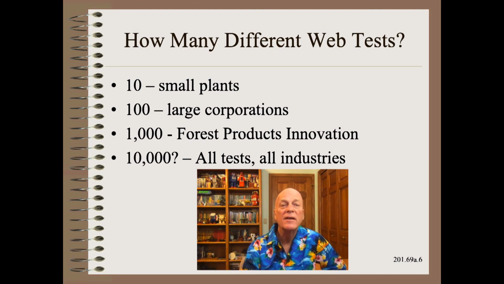Some testing facilities, most notably Forest Products Innovation outside of Montreal, can do more than 1,000 different tests. Yet, if we look worldwide across the wide and diverse set of web products, the number of tests will be much, much larger. Obviously, we will not be detailing anywhere near that many tests in this mini-series.